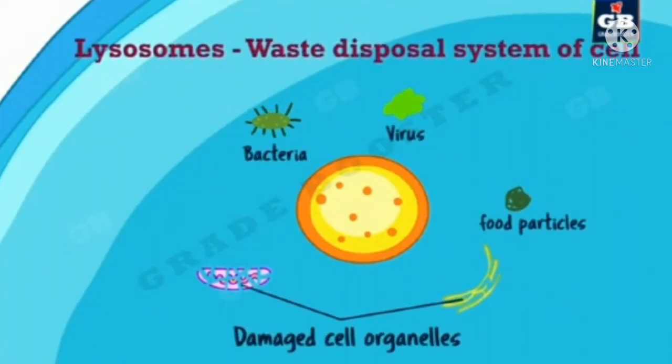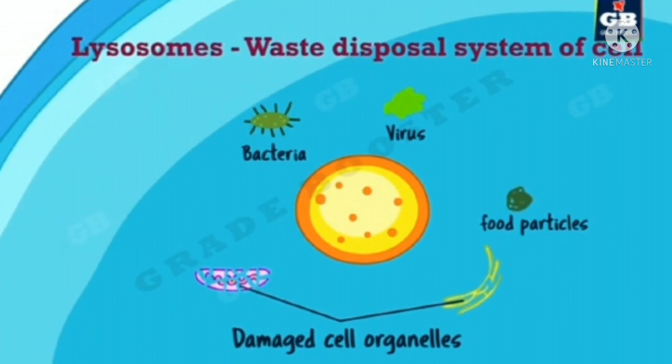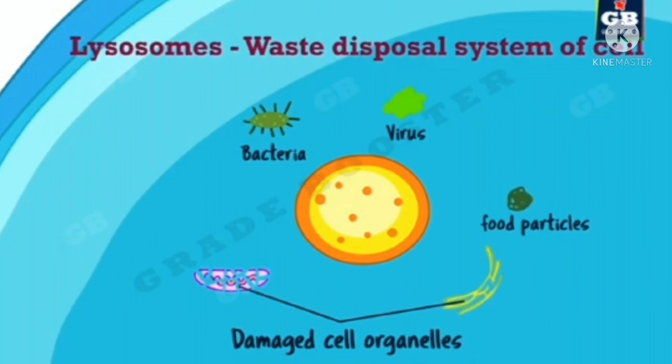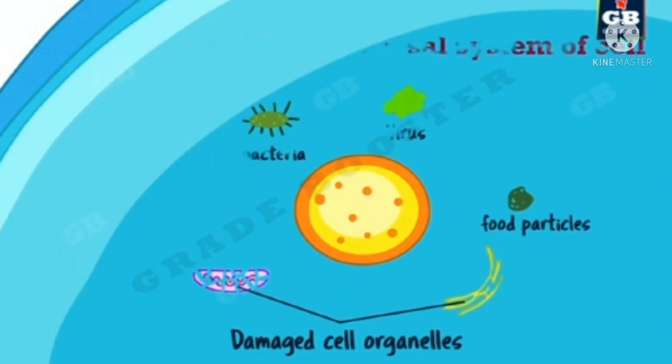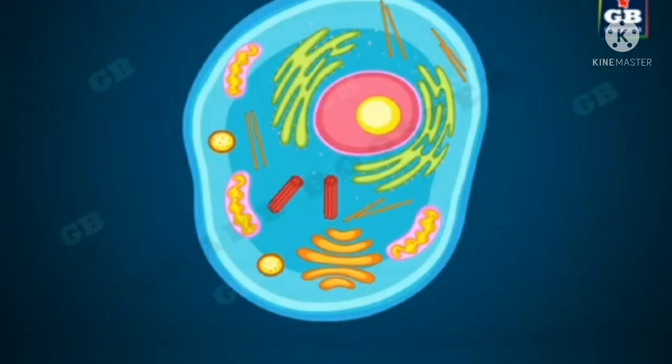Sometimes bacteria, viruses or undigested food particles enter the cell. They are considered waste and have to be removed. Sometimes parts of the cell are damaged or worn out. These parts are also considered waste or unwanted materials. These kinds of materials are cleared by lysosomes.